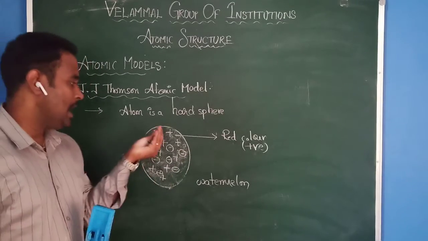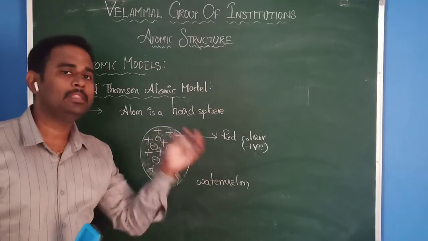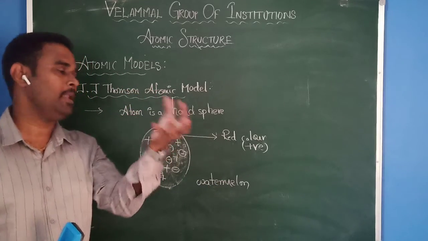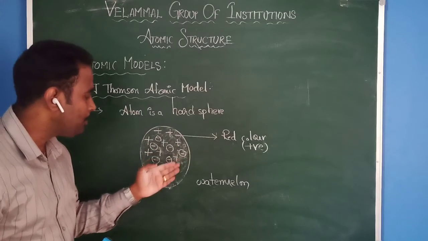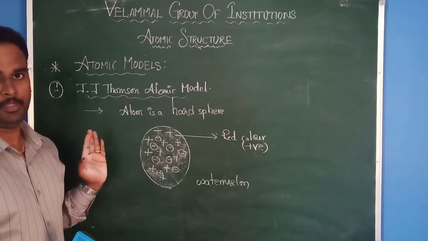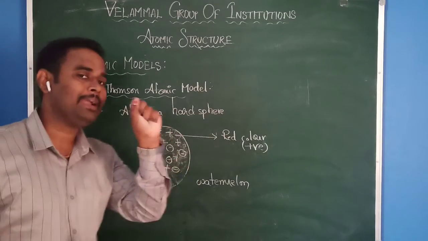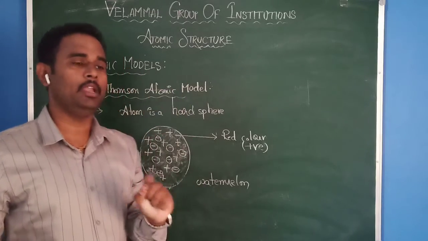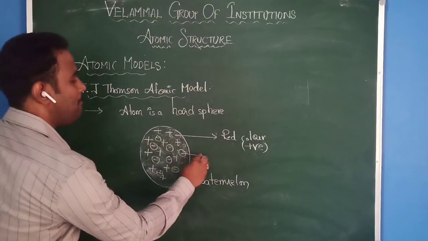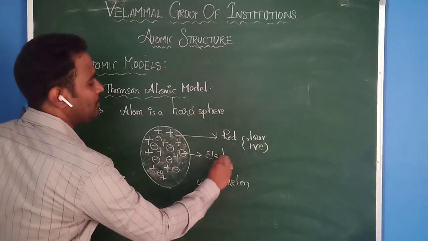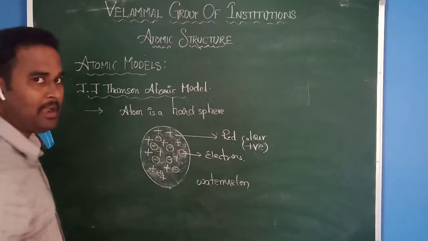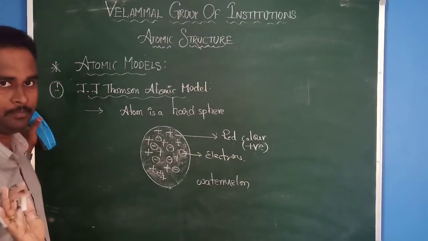That means in watermelon, how the red color part is present, same like that only, protons are present in the whole sphere. And how the black color seeds are present, same like that only, electrons are embedded in it. That means negatively charged particles are embedded inside the red color part.